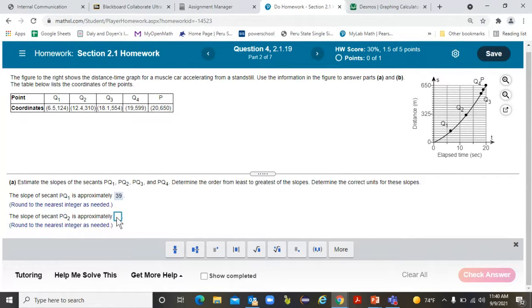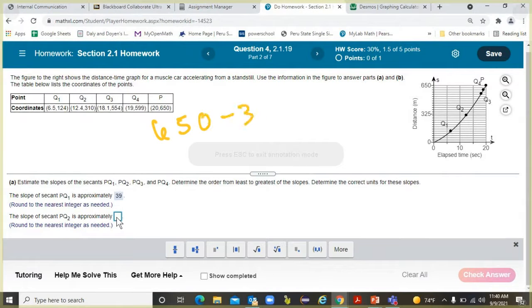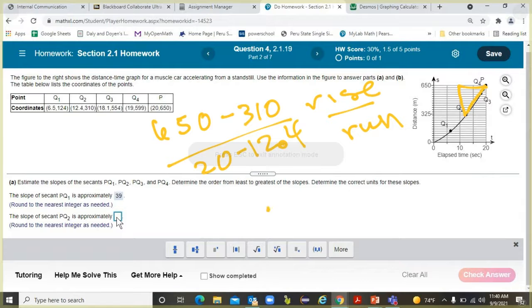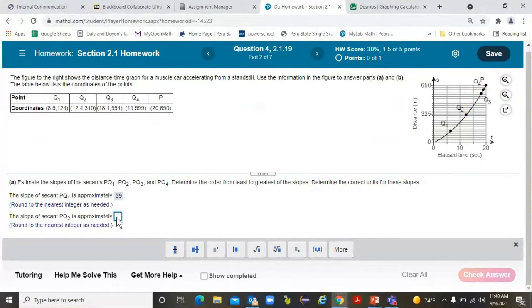Again, it's simply change in distance over change in time, your slope formula, rise over run. Here's the rise, here's the run. This is approximately 44.7, so we're going to say 45.